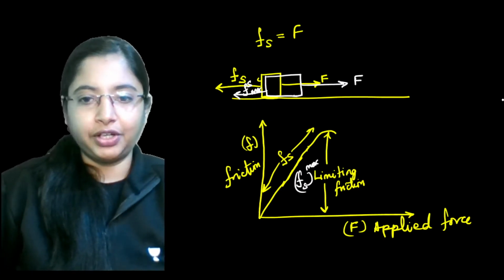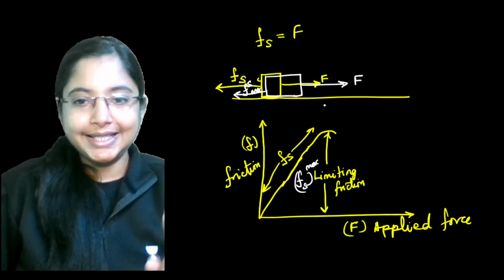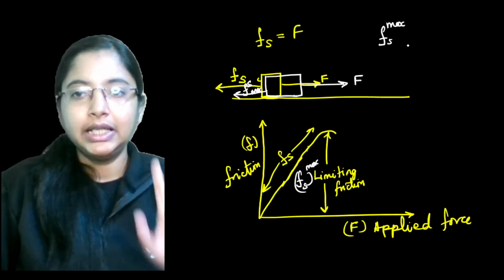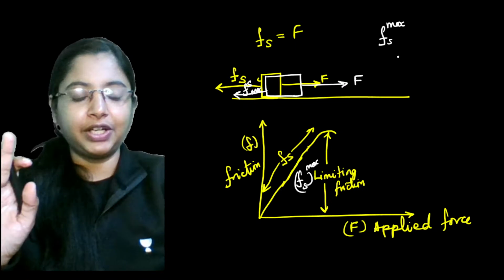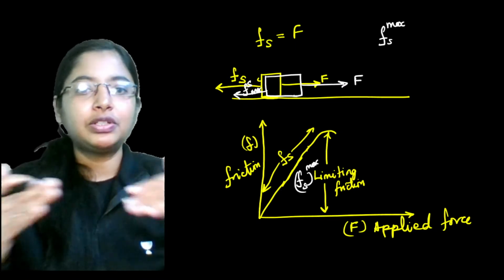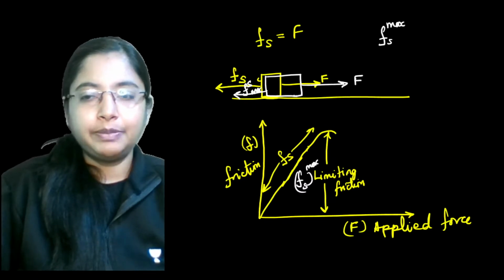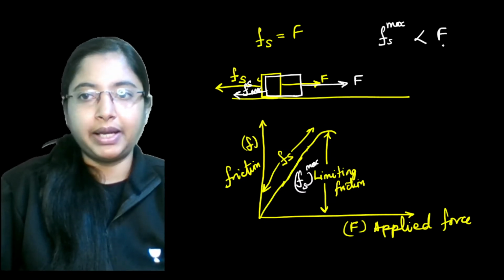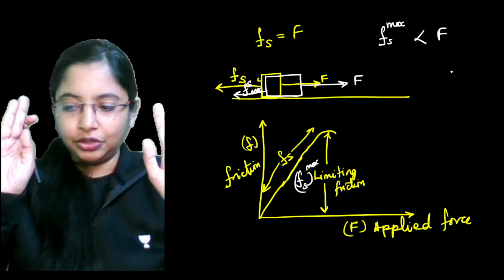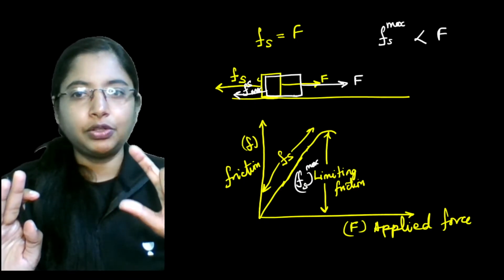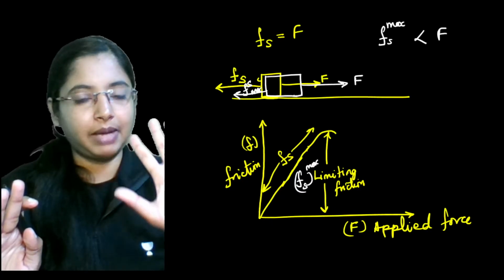The maximum limiting friction is the maximum opposing force this object can give. After that, when this force goes less than the applied force, you're trying to move it slightly, your fridge moves. That is the maximum static friction.